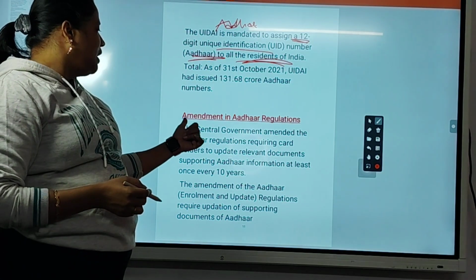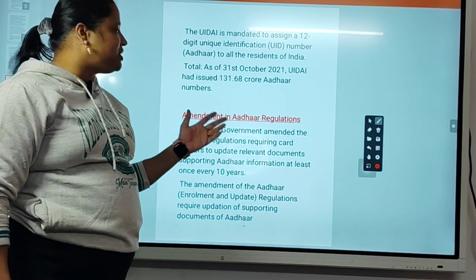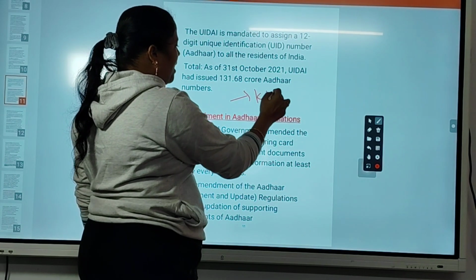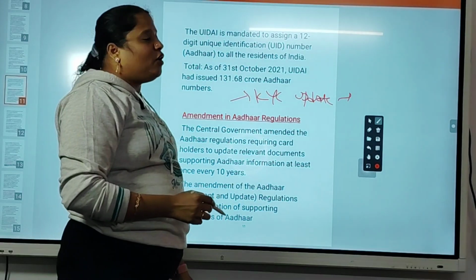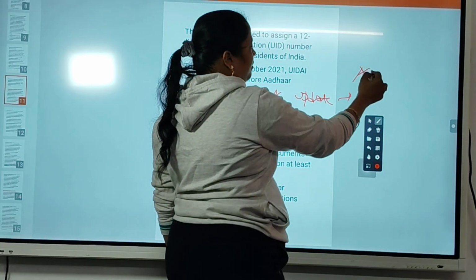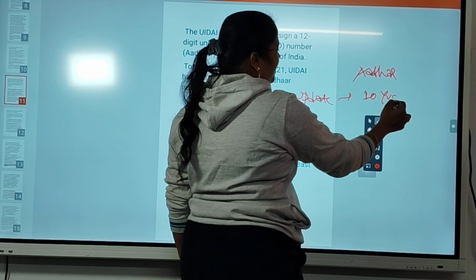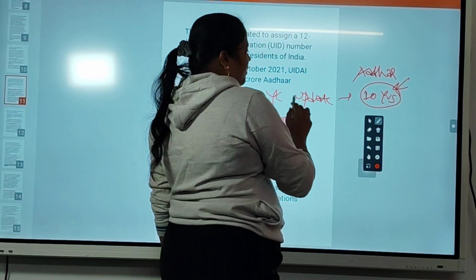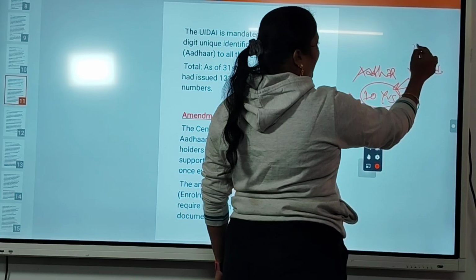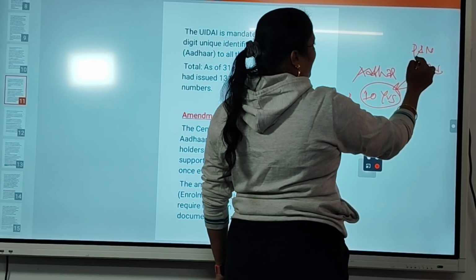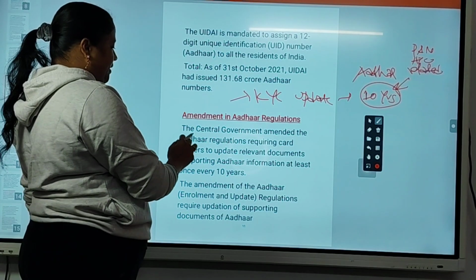Now we move to amendments in Aadhaar regulations. These amendments in Aadhaar regulations are nothing but the KYC update. Every citizen of India who has Aadhaar must update his information once every 10 years. His related documents like PAN card, bank account details, etc., he has to update.